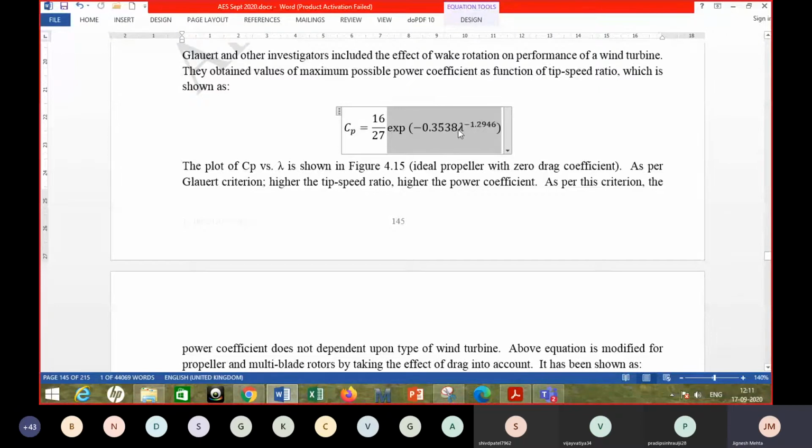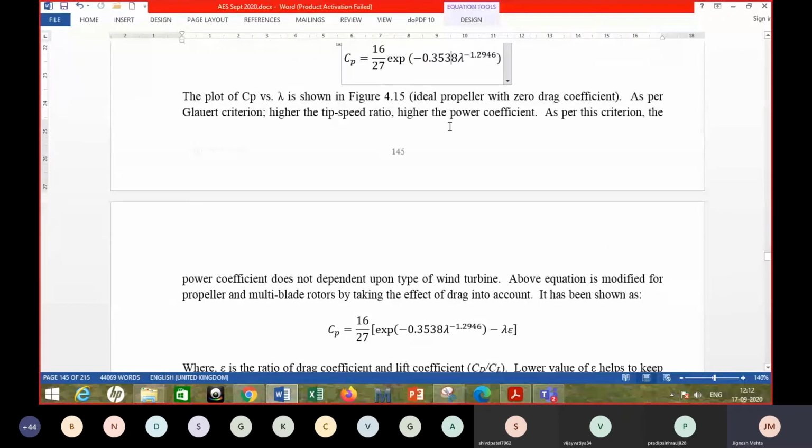It means that real turbines would give you efficiency less than 16 by 27 or 0.59 or 59%. It's always going to be less than that. But what you see is, the higher the lambda, the higher the Cp. So a higher tip speed ratio would always give you a higher value of Cp.